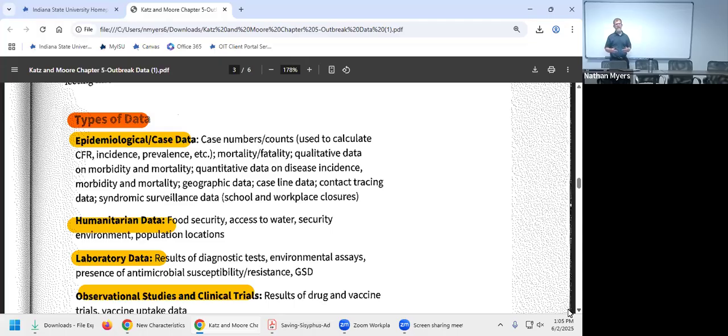The security environment: to what degree is there security in terms of housing security? Do people have adequate housing? Are these high crime areas? Those sorts of things come into play.